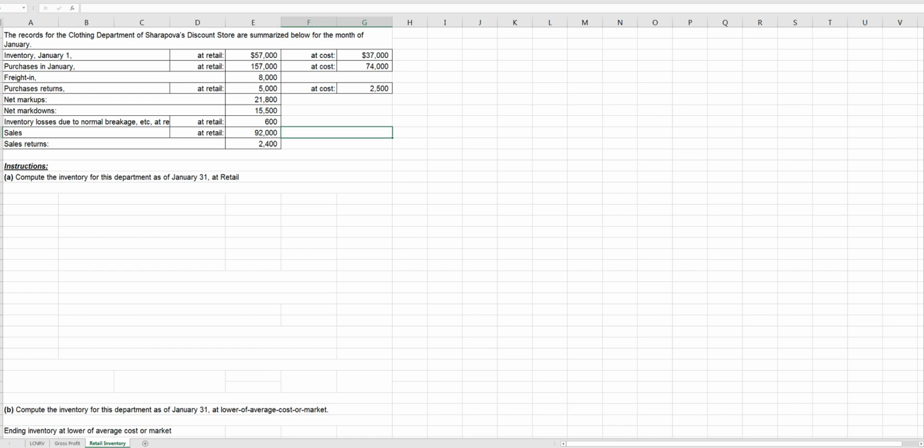And for the third one, we're going to talk about retail inventory. The retail inventory is very similar to the gross profit. We're going to estimate cost of inventory based on the relationship between cost and sales.